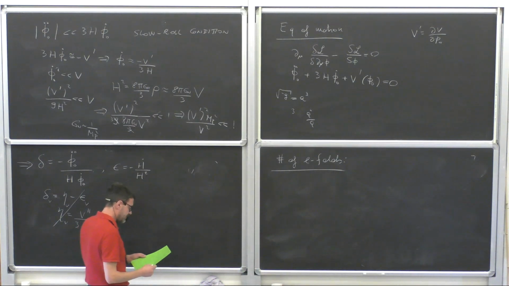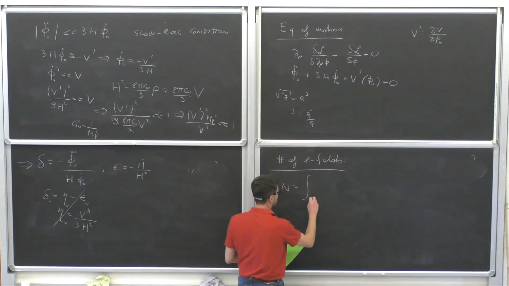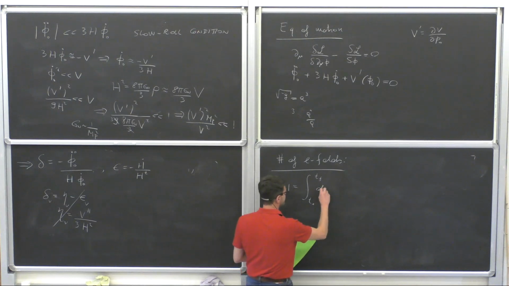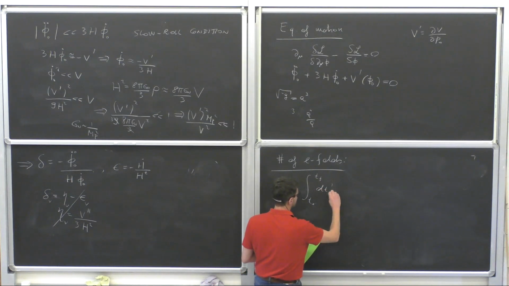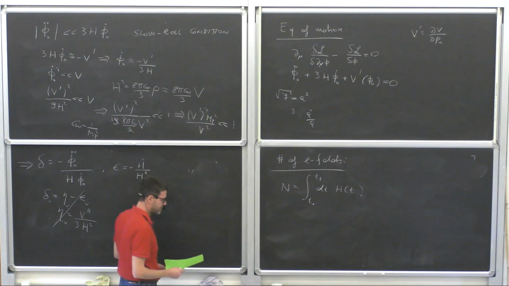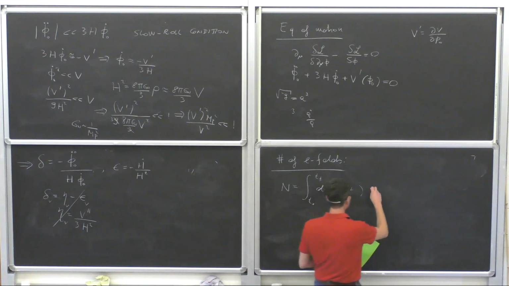The number of e-folds, as we said, is N, the integral from the initial time to the final time of dt times H of t. So this is what the number of e-folds is. Now I want to change variables.